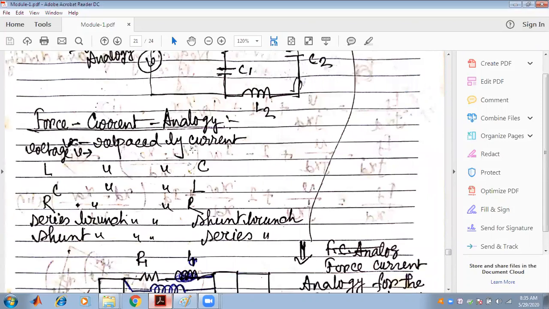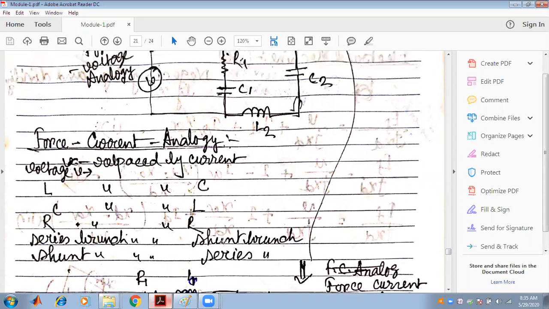Voltage will be replaced by current, L will be replaced by C, C will be replaced by L, and R will remain R. Series branch will become shunt branch, and shunt branch will become series branch.